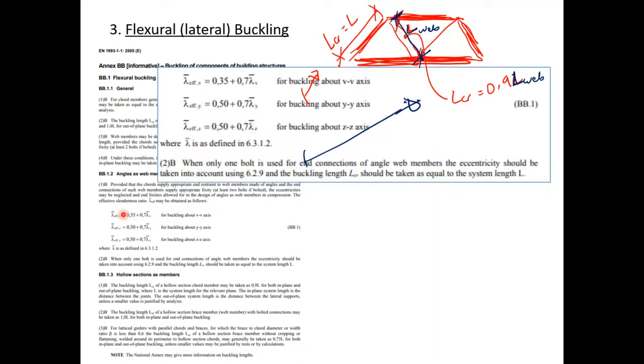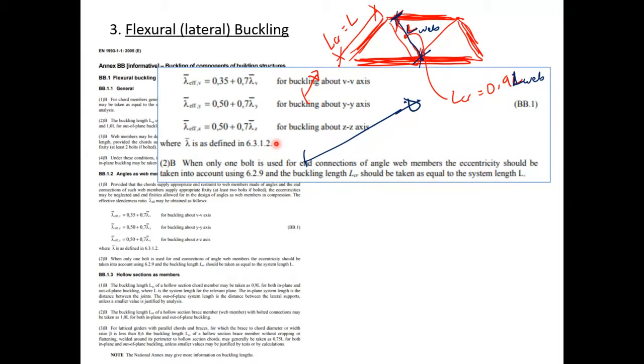So I'll just bring that up a bit bigger. The normalized effective slenderness about the v-axis is 0.35 plus 0.7 times the normalized slenderness about the VV axis. Effective slenderness about the y-axis is given by that equation there, 0.5 plus 0.7 times the normalized slenderness about the major axis, y. About the minor axis, the normalized effective slenderness value is 0.5 plus 0.7 times the normalized slenderness about the ZZ axis. And the normalized slenderness is defined in clause 6.3.1.2 in Eurocode 3, part 1.